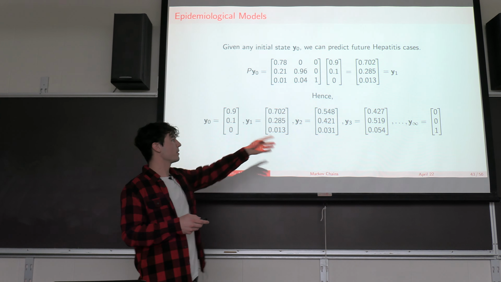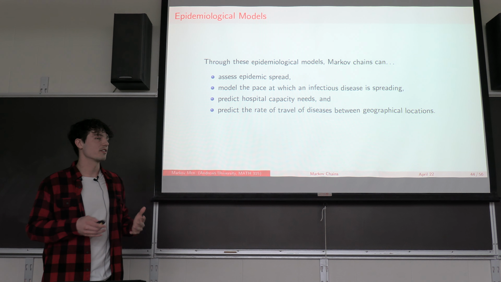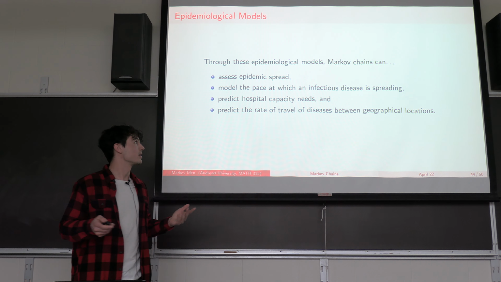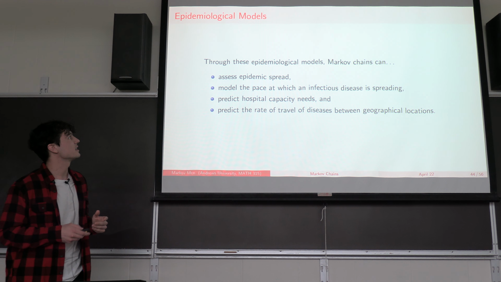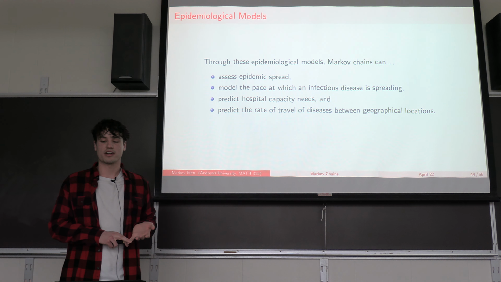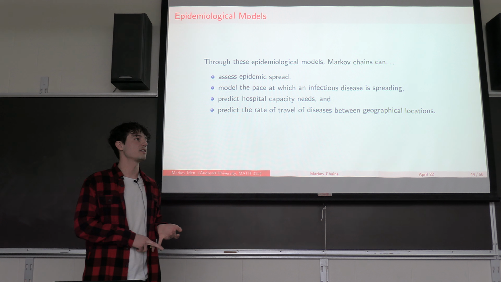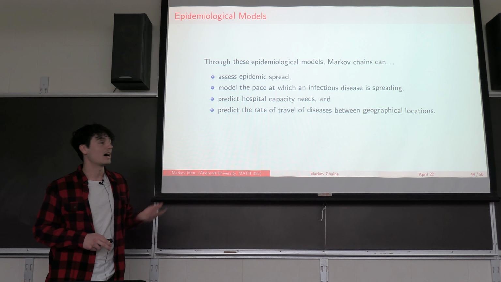So that SIR model might seem kind of trivial and not too useful, right? We see a lot of these other, more complex epidemiological models can be really useful for the following things. They're really good at assessing epidemic spread. They're really good at modeling the pace at which an infectious disease is spreading. And by knowing the pace, we can predict a lot of other factors such as needs, one of them being hospital capacity.